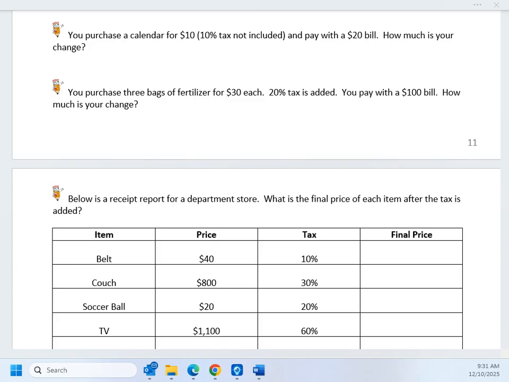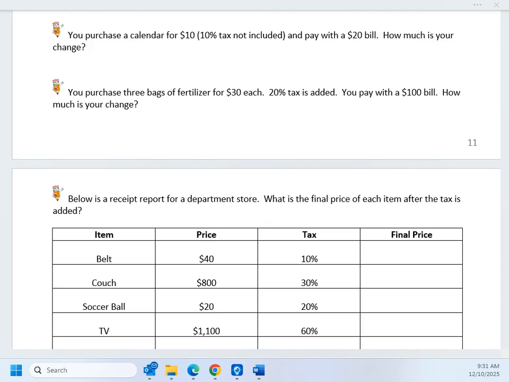We need to know how much money that cashier should be giving us back, so we get the right amount back. So this is an added step that we had from yesterday. We're finding the new cost, and then we're figuring out if I pay with $20, what is my change? See if you can figure it out. So use one of those methods. What is our new cost?